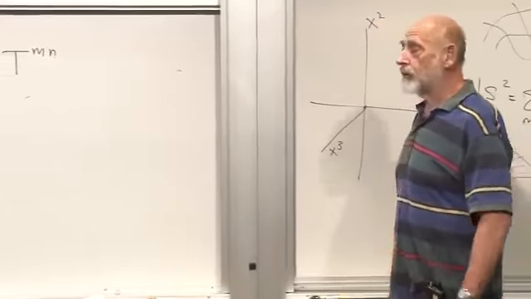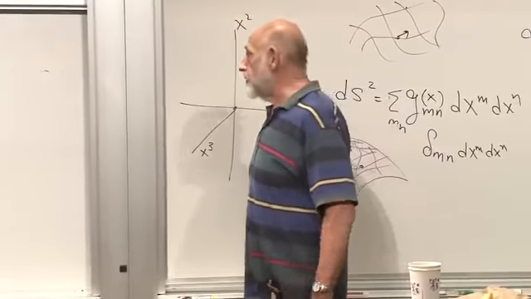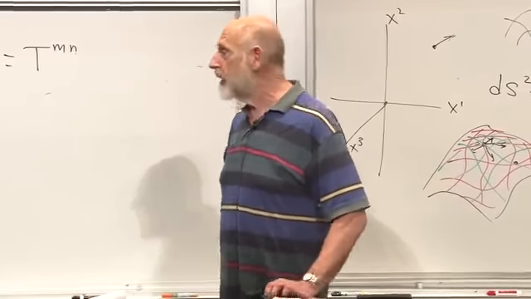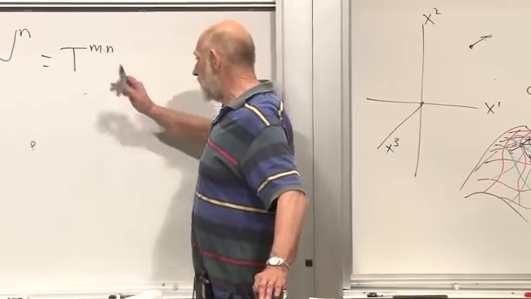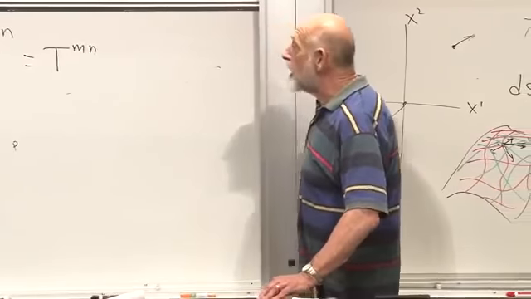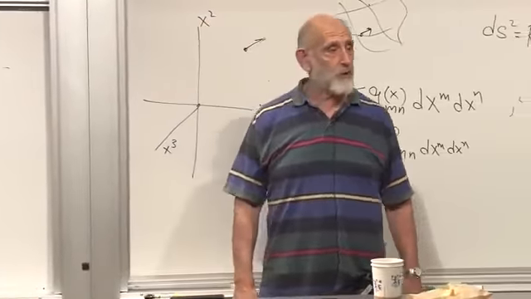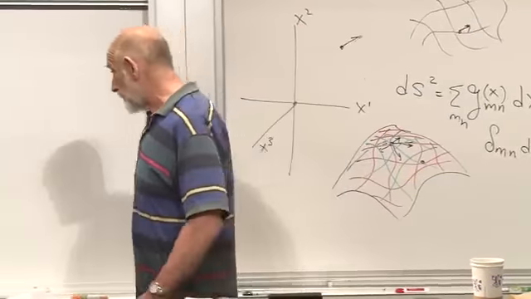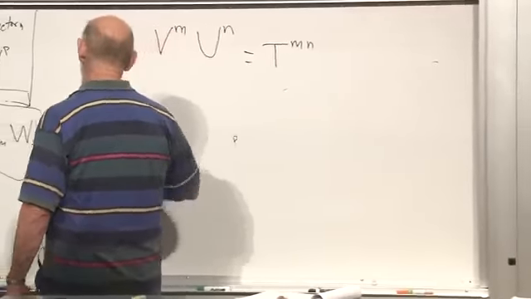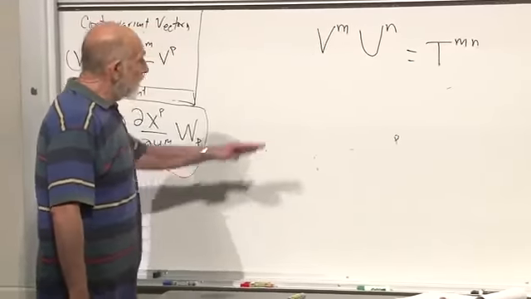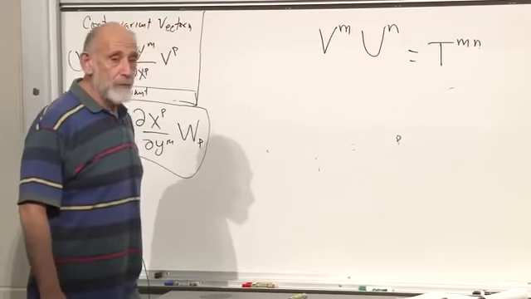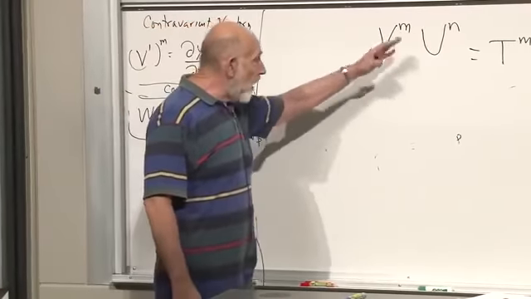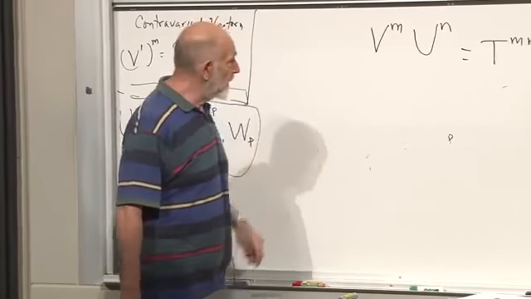But there's a thing called T^MN. T^MN is a special case of a tensor of rank 2. Rank 2 means that it has two indices like that, and in this case there would be 9 components. In 4 dimensions there would be 16 components, in 2 dimensions there would be 4 components, and so forth. Okay, how does this thing transform? For example, V^M and U^N could be the components of these vectors in the unprimed frame of reference.